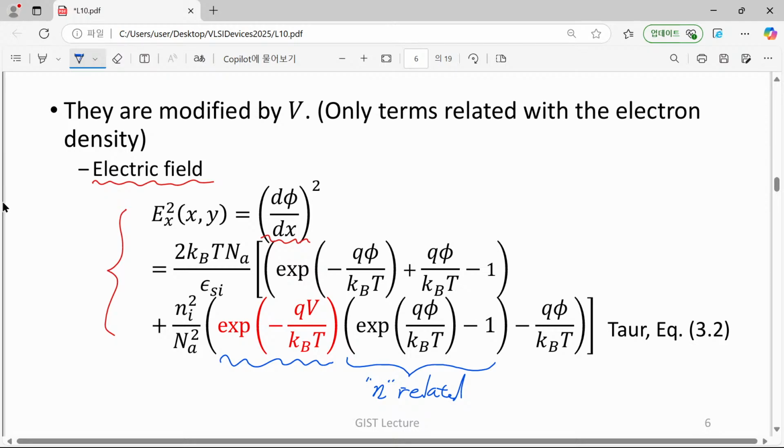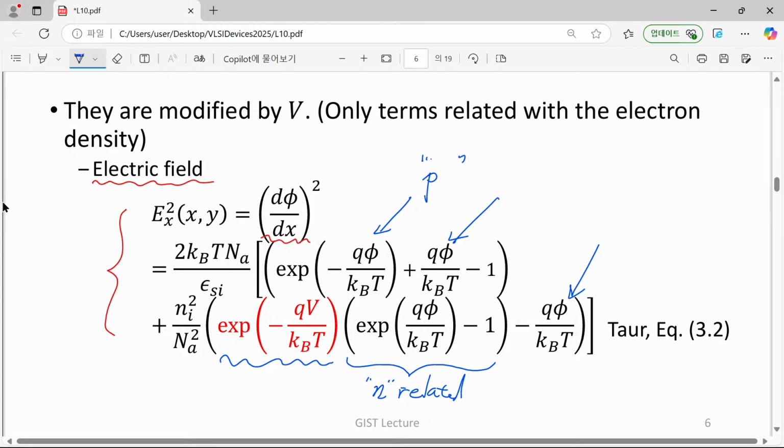For example, this one is clearly related to holes, so you can find that holes are not affected by this modification, and also Na is not modified. So that's the reason why these are not changed.